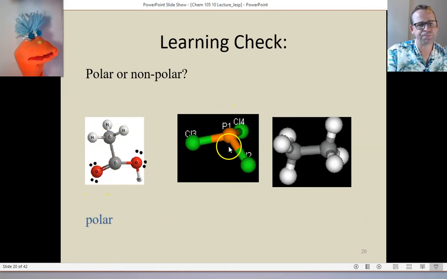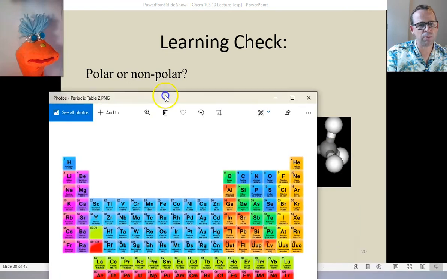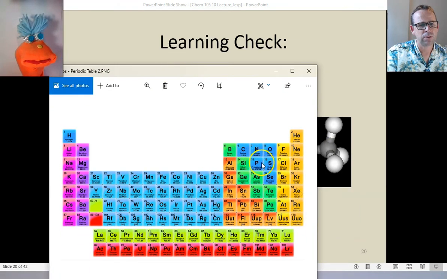How about this one over here? That's a phosphorus on top? Yep. Phosphorus here. Chlorines down here. Is that a polar bond? Well, let's look at the periodic table. Which one's more electronegative, phosphorus or chlorine? Electronegativity goes to the right and up, right?